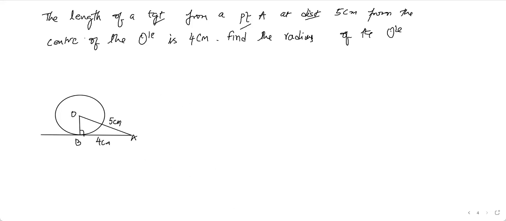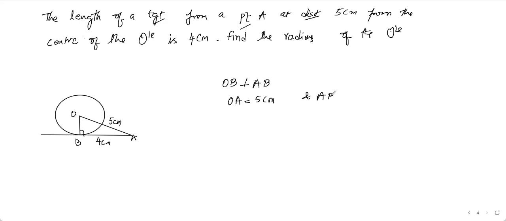You can see here the radius OB is perpendicular to AB, that is OB perpendicular to AB.